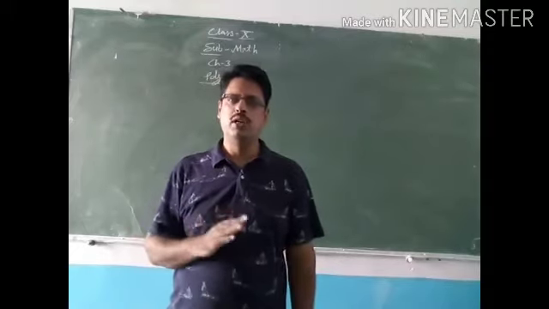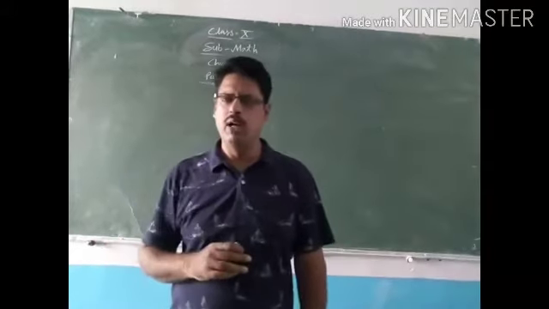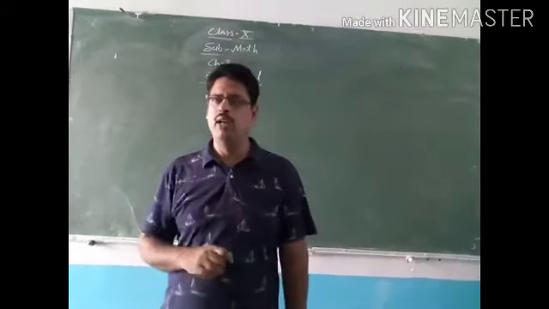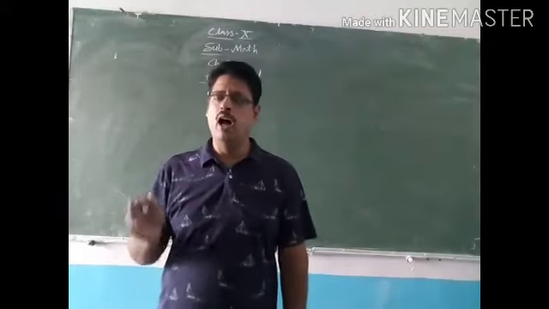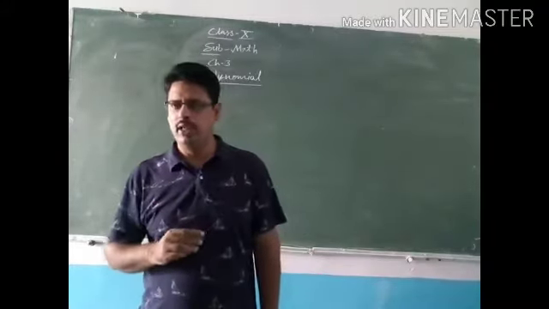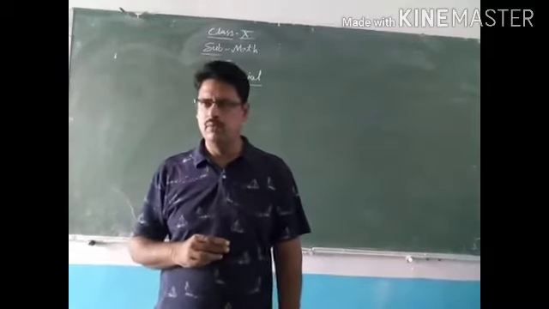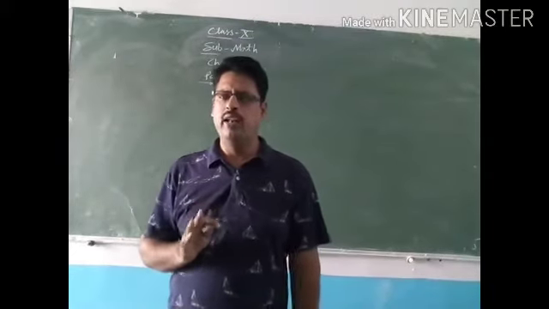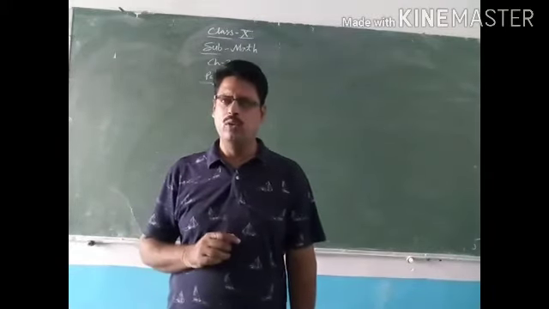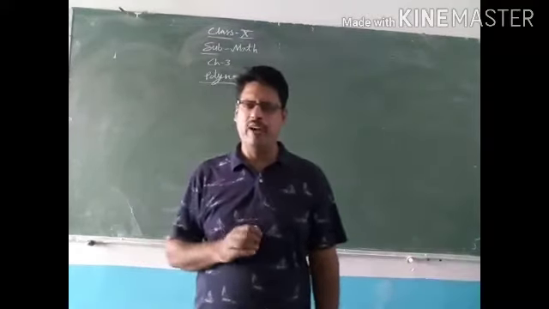Zero means solution of that polynomial, and solution means the value of the variable which we put in the polynomial and it becomes zero. These things I have told. And how to do factorization also, this we have told, by splitting the middle term. So I hope that you understood everything, and now you can do factorization by splitting the middle term, and you can find the factors.